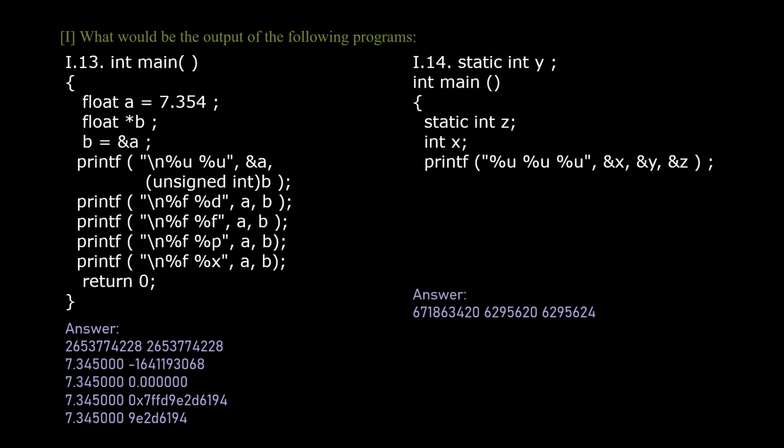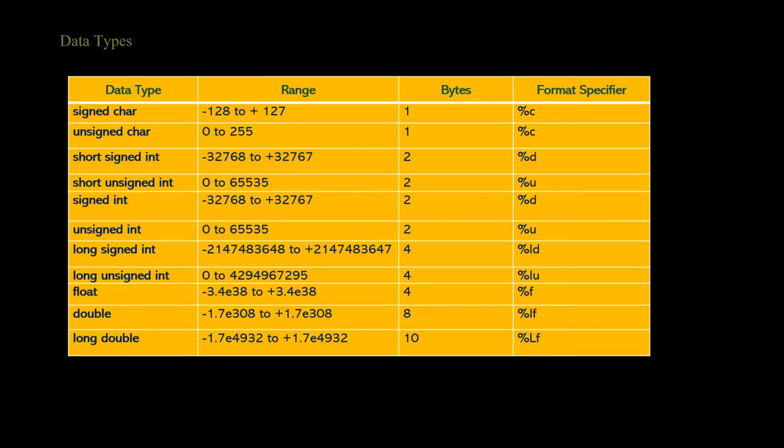So next, I have listed all the data types available in C. Signed char, range is -128 to 127, 1 byte, and %c. Unsigned char 0 to 255, 1 byte, and %c.